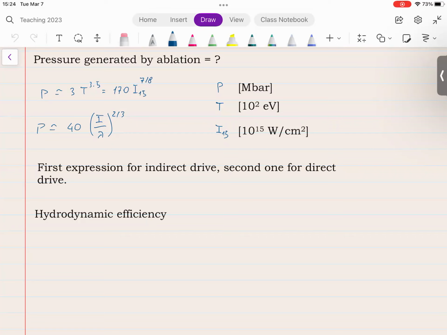So how much energy at the end does actually get into my target?